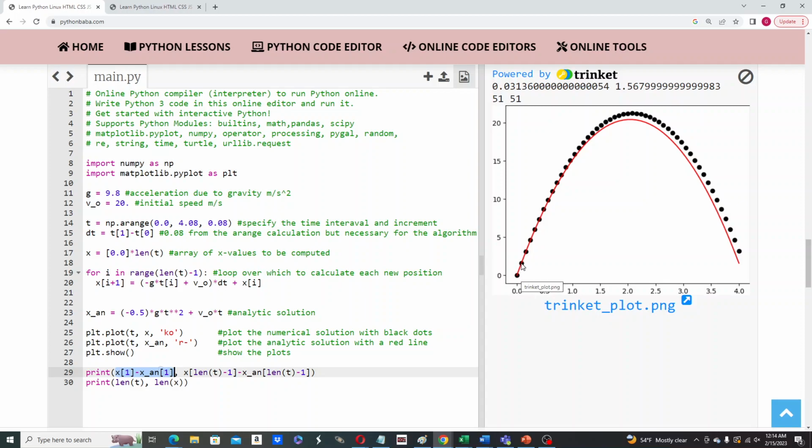This is x1 and x analytical 1. And you can see that they're about 3.1 centimeters off, which is not bad. But there's a noticeable deviation as we go through the simulation, right? As we increase in time, we lose accuracy. The black dots don't quite line up with the white dot, or with the red line.